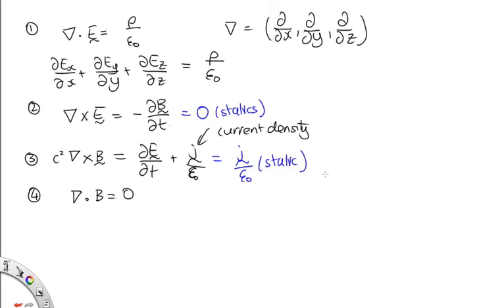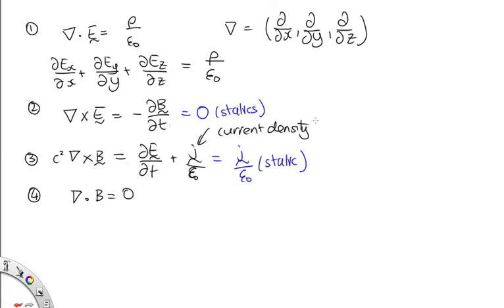Now, this is very nice because it means that the electric field equations, 1 and 2, are completely separate from the magnetic field equations in the static case. So in a static case, we can consider electric fields and magnetic fields completely independently. They're not affecting each other. As you know, though, when charges start moving, we do get a magnetic field generated, so then there is an effect of the electric field on the magnetic field.